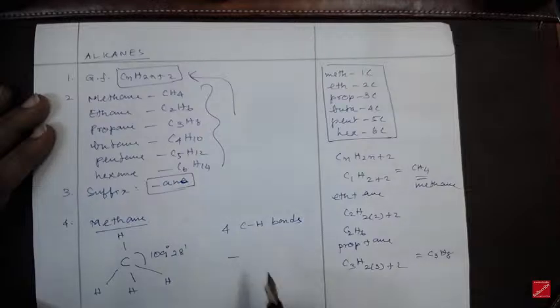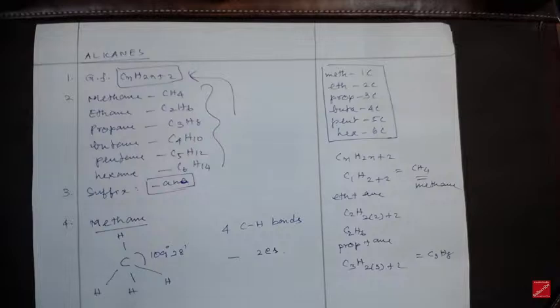A bond actually represents a pair of electrons, that is 2 electrons. You understand?